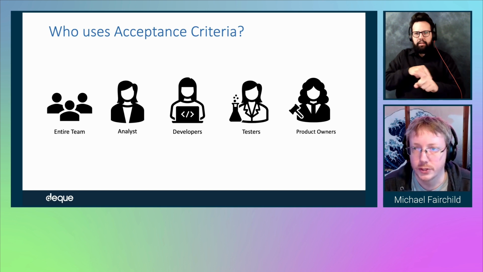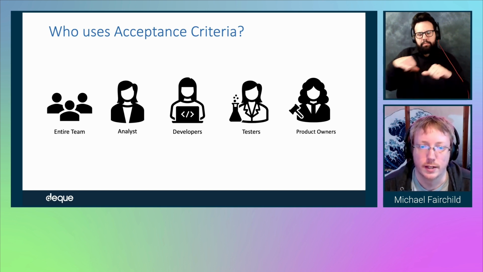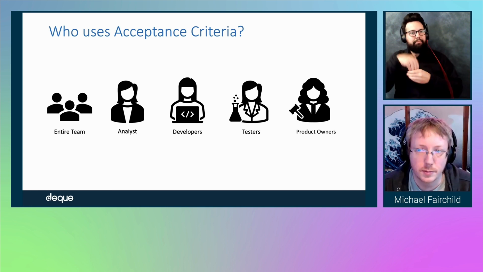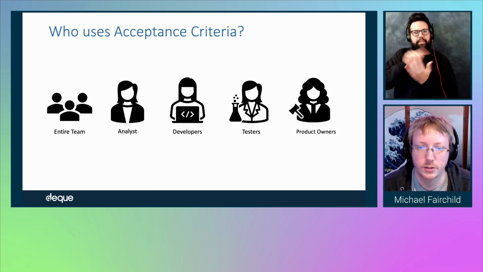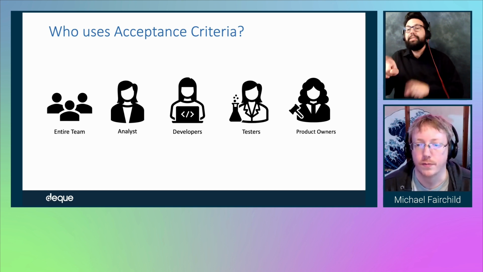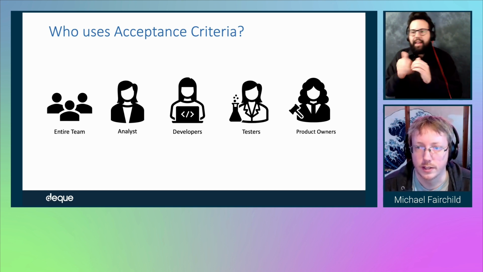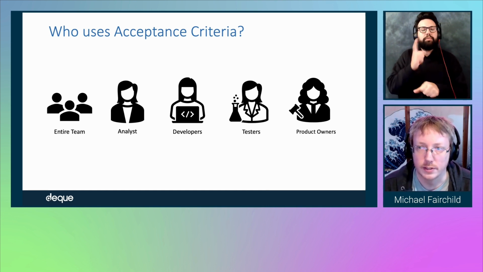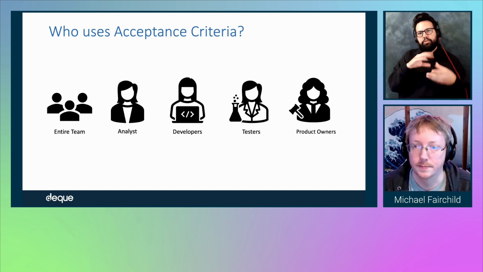And the developers use them to know what needs to be coded and how to test it themselves. The testers use them to know what to test and how. And the product owners then use them to help accept stories and look for evidence that the requirements were actually met.